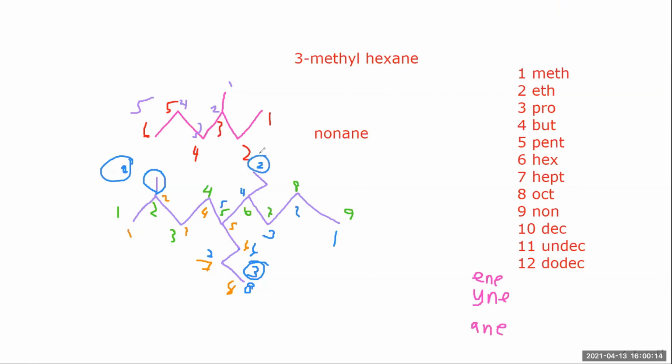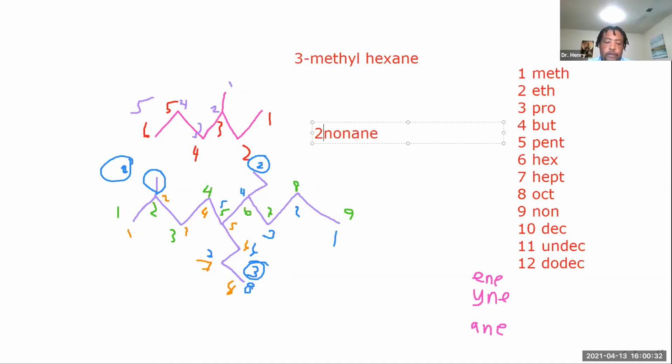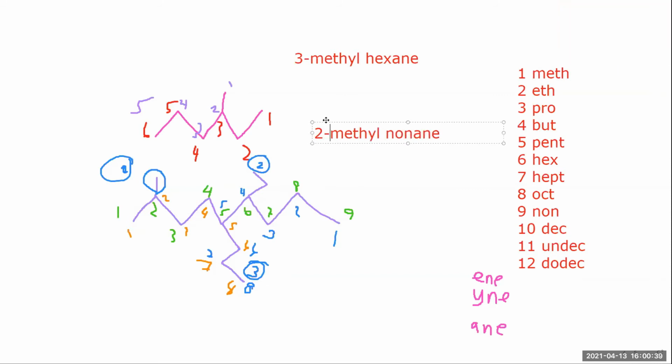So we want to give the lowest number first. It would be 2-methyl first. Would that be the second one? 4-ethyl?